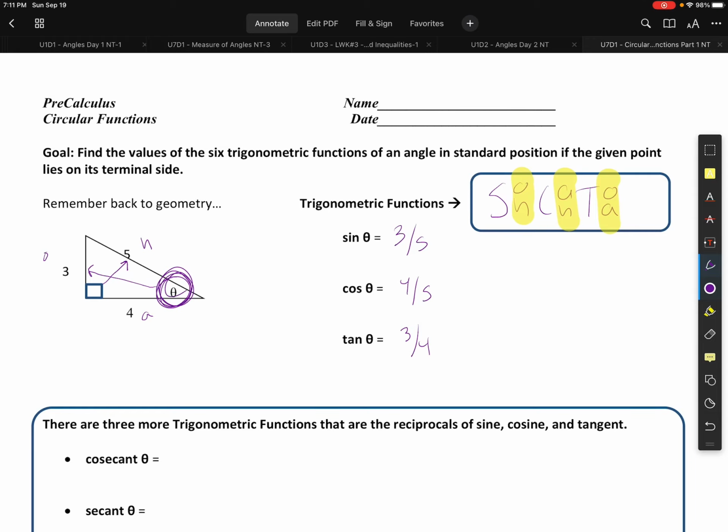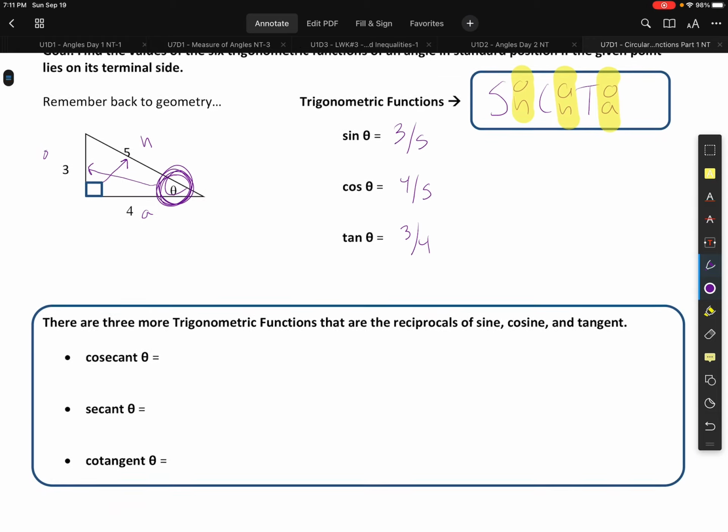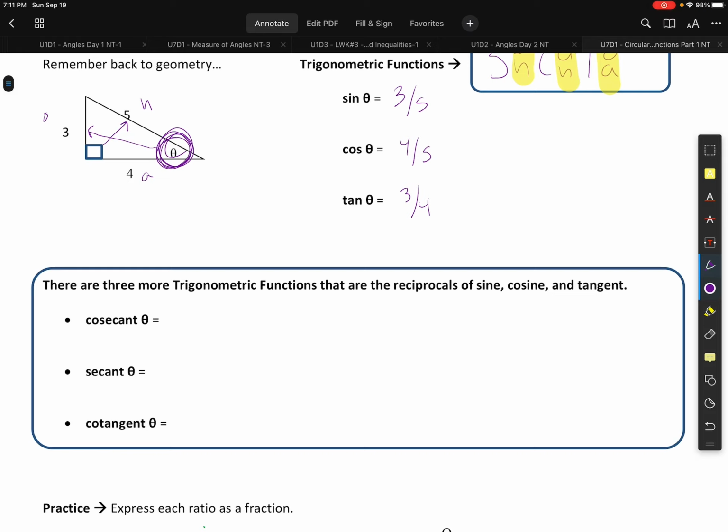All right, so sine, cosine, tangent have reciprocal functions. All right, so cosecant, which we shall abbreviate as CSC theta, is the reciprocal of sine. All right, it is 1 over sine theta.